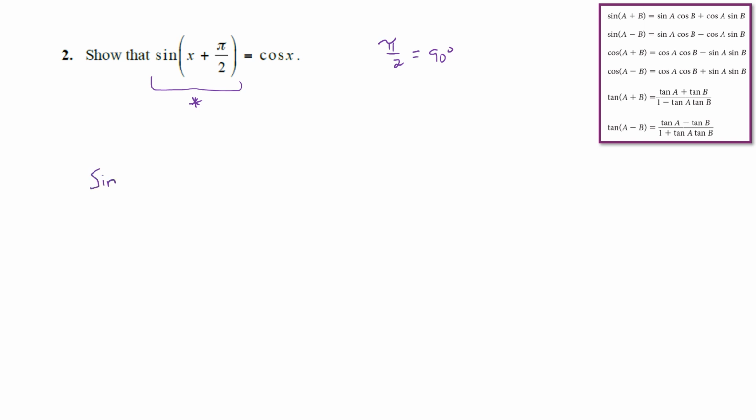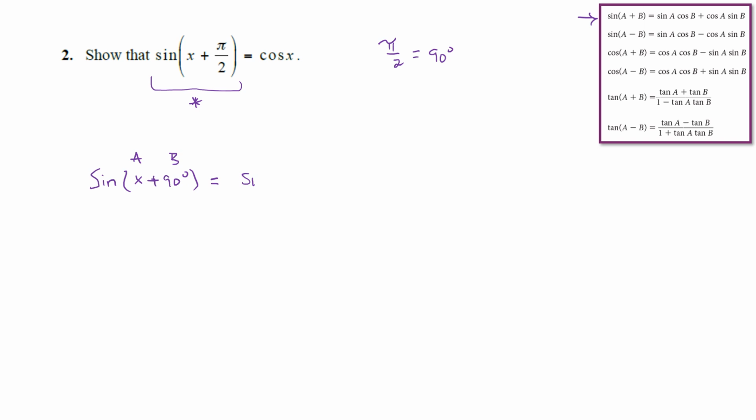So the sine of x plus 90 degrees. We are taking the sum of two angles, so we are going to use this formula right here at the top. Since it's sine, it's going to be the same operation. So x is going to be a, and 90 degrees, or pi over 2, will be b.